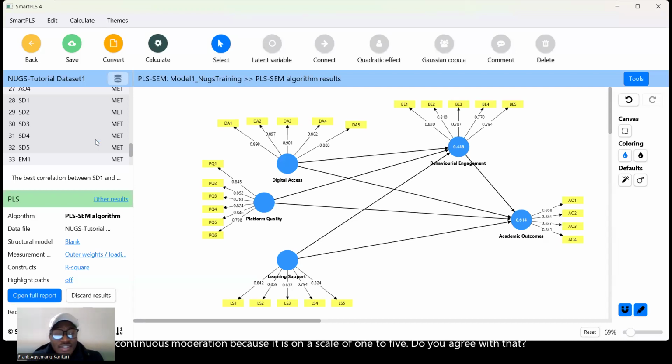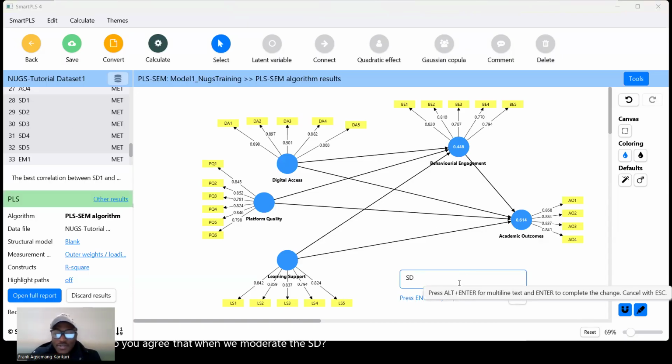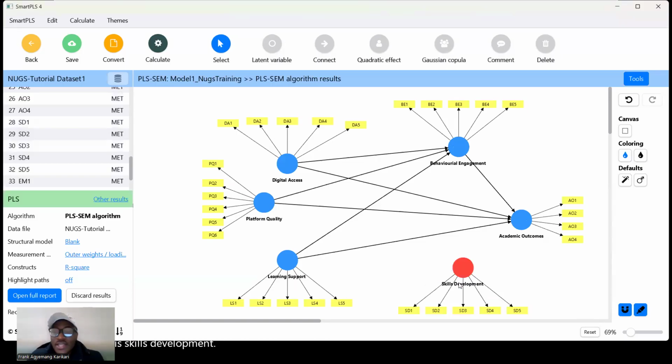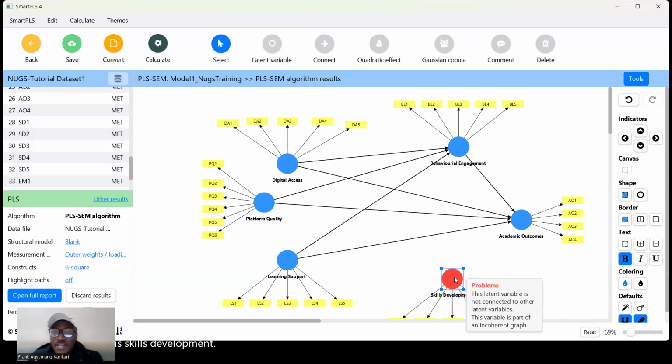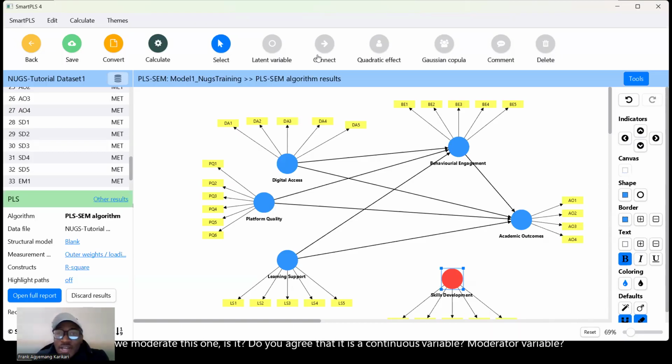Do we agree that when we moderate SD, which is skills development, if we moderate this one, do you agree that it is a continuous moderator variable, or it is categorical?